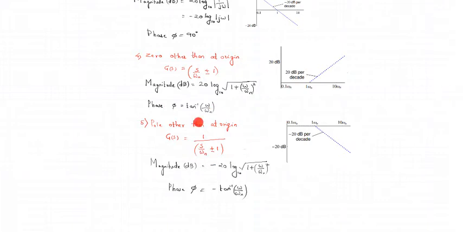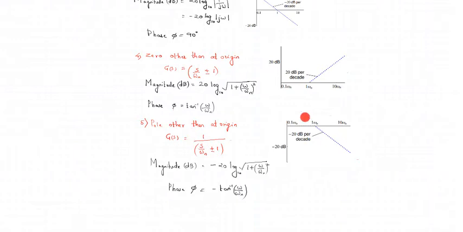Now we have a pole other than at origin, right? And how is the magnitude of the system? The magnitude is given by this equation. And how is the plot of that system? From this magnitude we understand that the system is 0 dB up to omega n, and after omega n the system has a roll off rate of 20 dB per decade, right?